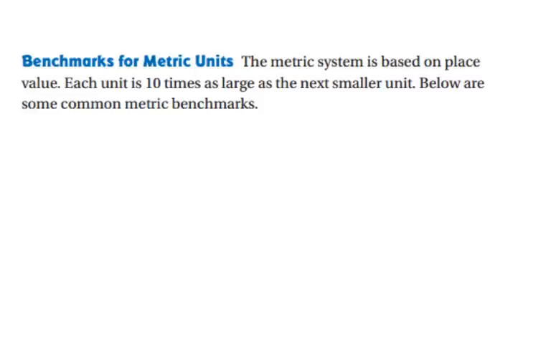Okay? So we're just switching gears, and we're now going to talk about the metric units. They're going to still measure length, liquids, and weight, but instead of using the ones that we use here in the United States, all across the world, they use the metric system.